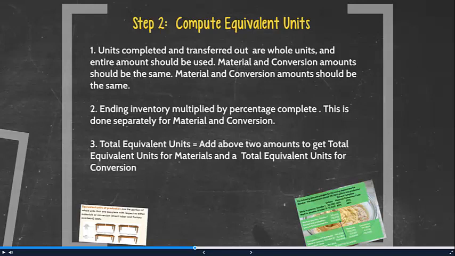Then what we're going to do is add those whole units to our materials amount to get our equivalent unit for materials, and we'll add that whole unit to our conversion amount to get a total equivalent unit for conversion. And remember, we're going to ignore the beginning inventory amounts. That's why we completed our step 1, so we can figure out what was completed and transferred and what is in our ending inventory.